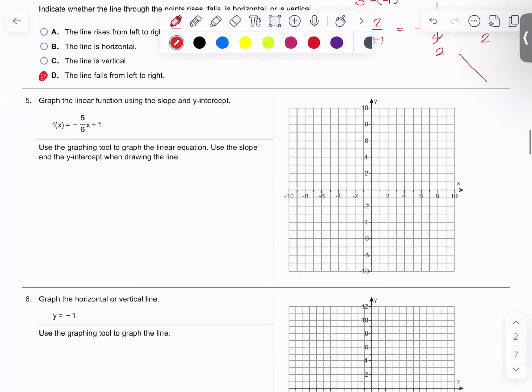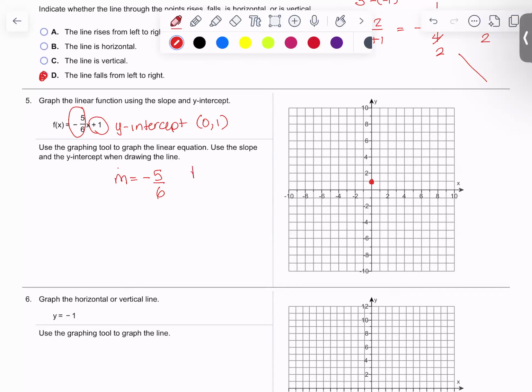Problem 5, graph the linear function using the slope and the y-intercept. That constant right there is the y-intercept. So the y-intercept is the point 0, 1, and the slope is that coefficient that we're multiplying times x. So the slope is -5 over 6. So we're going to start at the y-intercept at 1, and then we're going to use the slope.